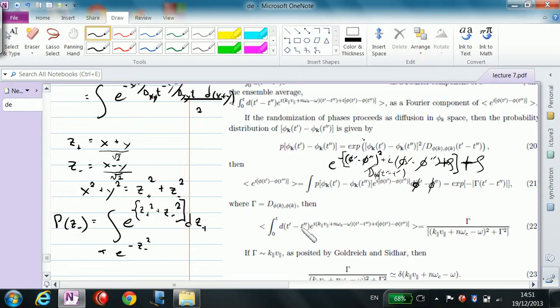Now here the integral really is over delta t. And this term here does not contain the phases. So we're just Fourier transforming some function of delta t. See?